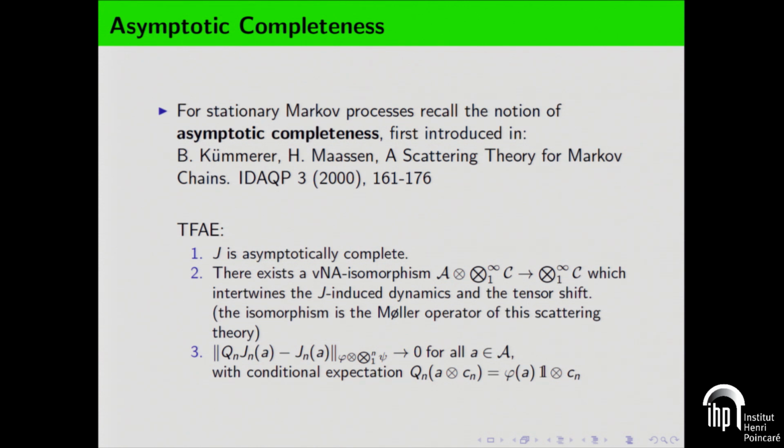It's the norm which is built from these states, the Hilbert space norm you can build from the states. So it's all a bit technical.